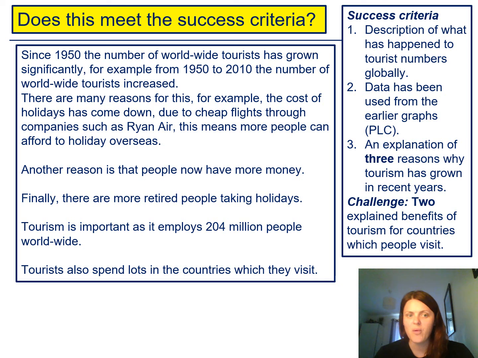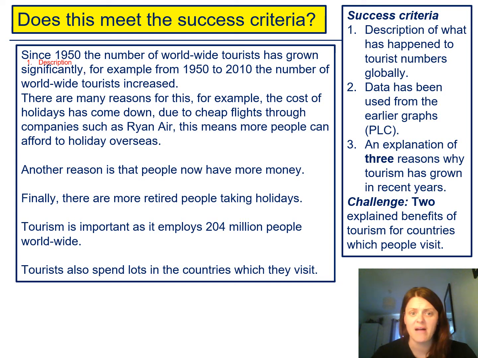This means more people can afford to holiday overseas. Another reason is that people now have more money. Finally, there are more retired people taking holidays. Tourism is important as it employs 204 million people worldwide. Tourists also spend lots in the countries that they visit. Let's see if that meets the criteria.